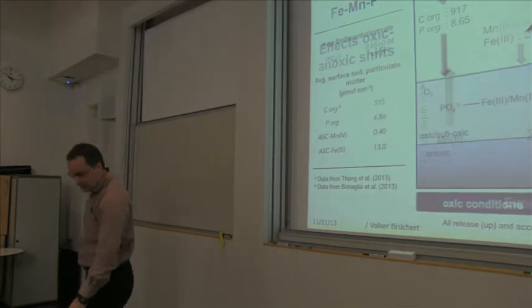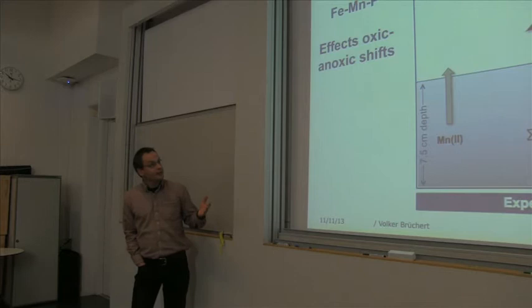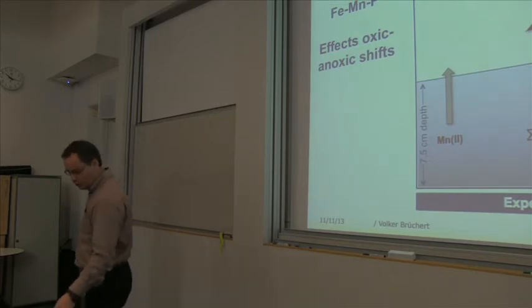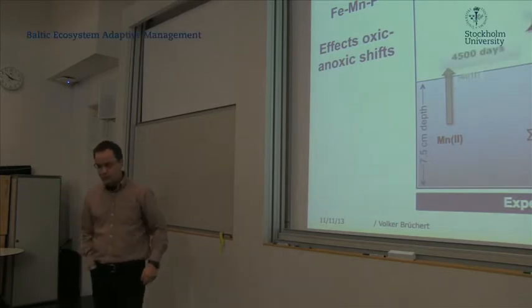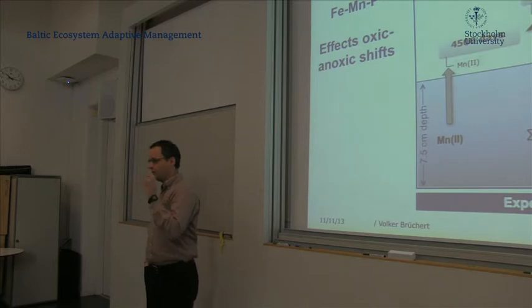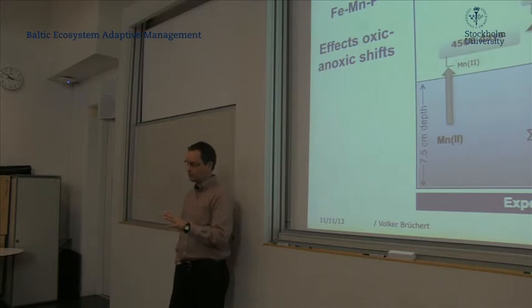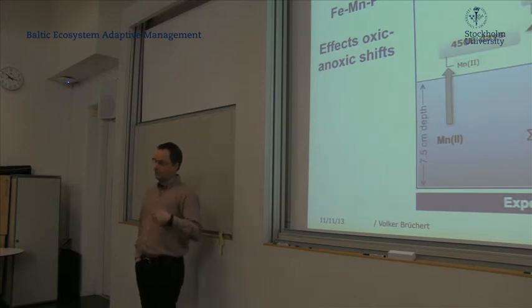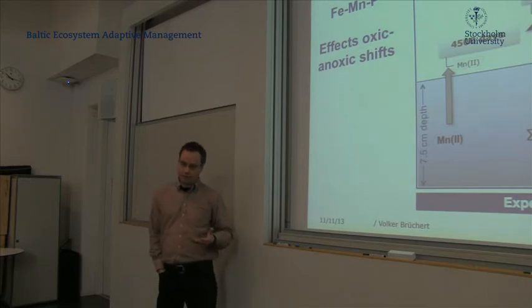These numbers we can then use to assess the turnover times of reactive phosphorus fractions in the sediments as they turn, for example, from oxic to anoxic conditions. Over what time scales is phosphate actually mobilized from these sediments?